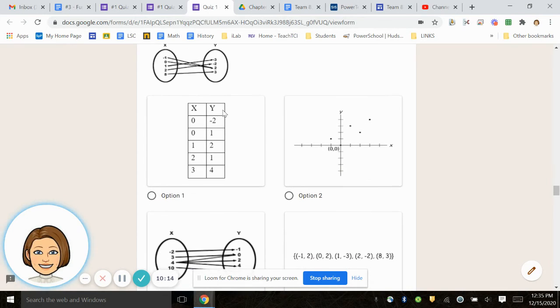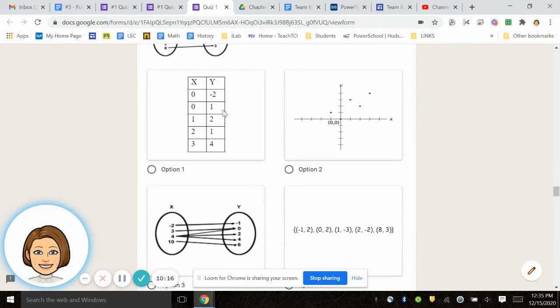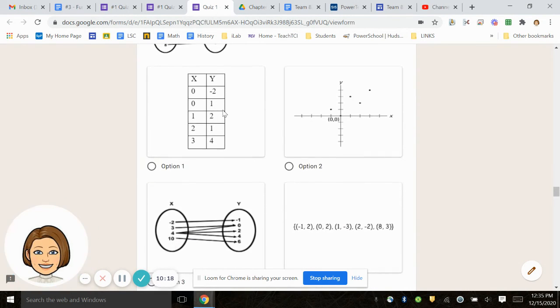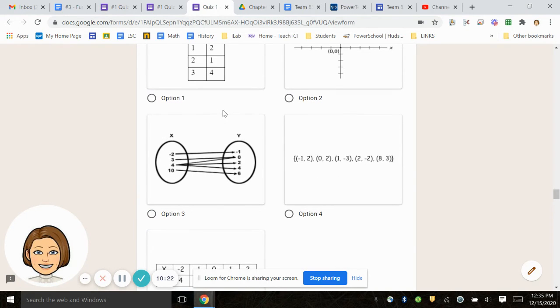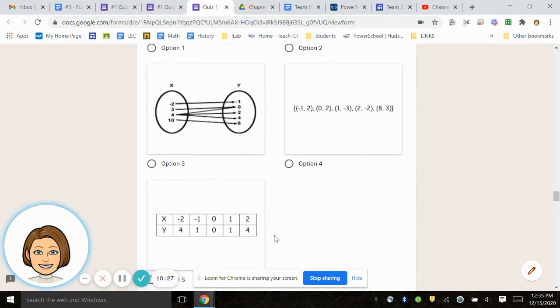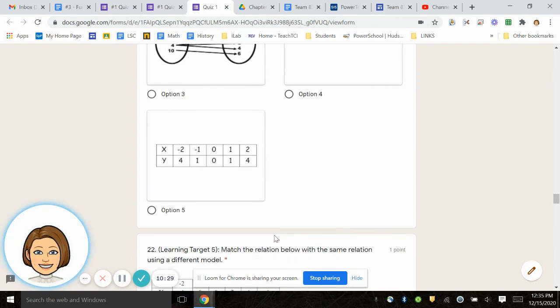See if you can find a partner that has the same numbers, just in a different representation. Option 1, option 2, option 3, option 4, and I guess there's option 5. So there are 5 choices.